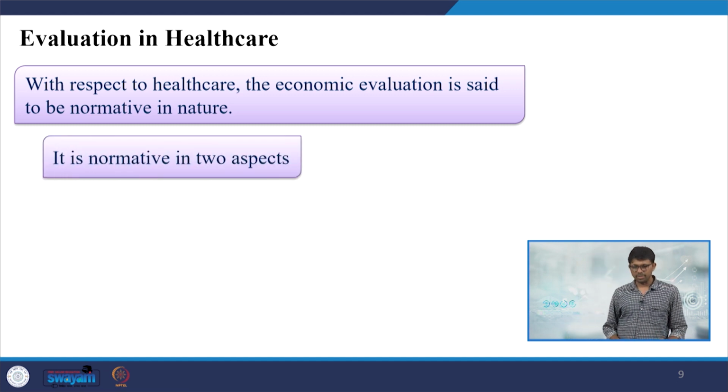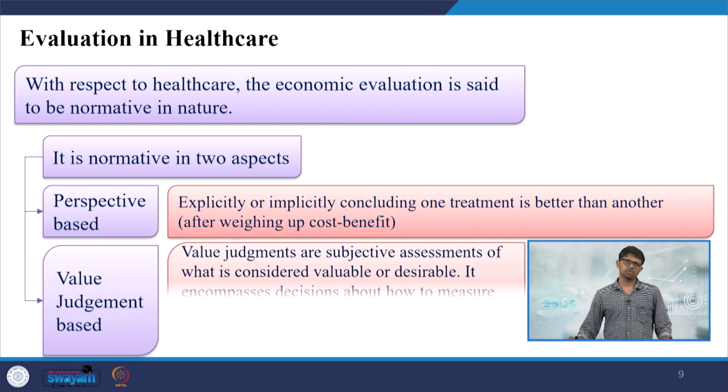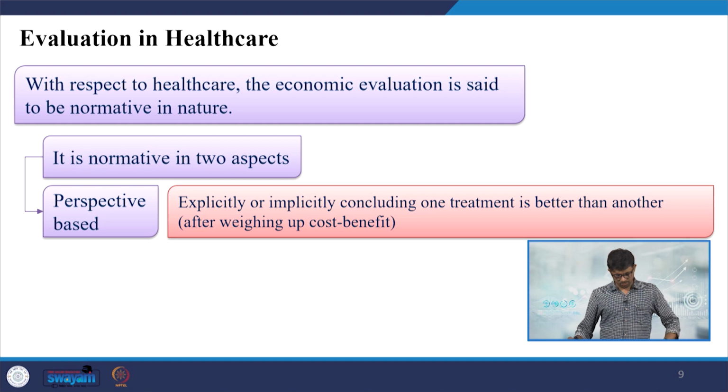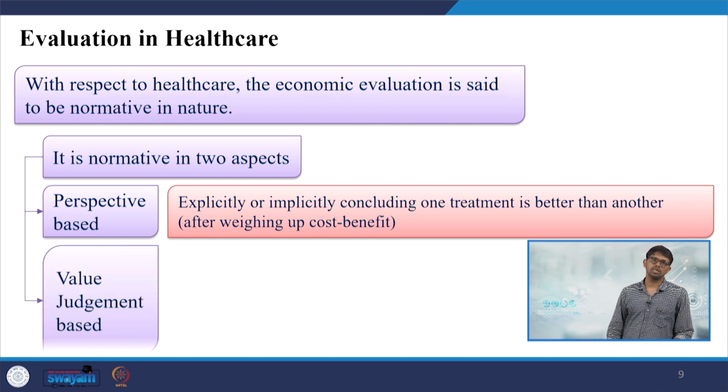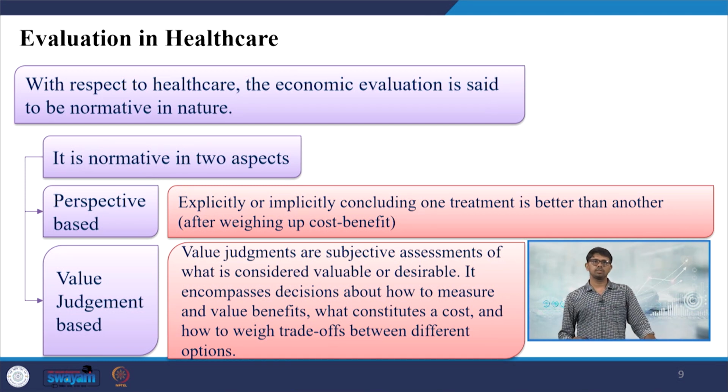So, it is normative in two ways. What are these? One is perspective based. This explicitly or implicitly includes that one treatment is better than another after weighing the cost and benefit. The second one is value judgment based, where value judgment is usually a subjective assessment of what is considered valuable or desirable.